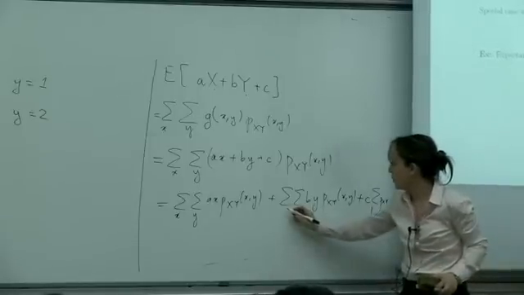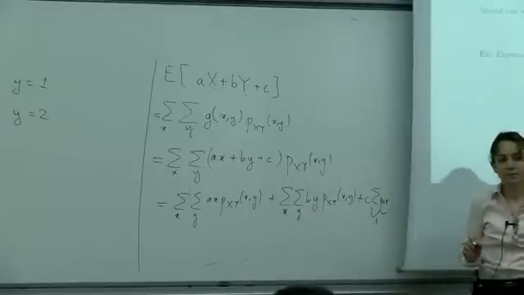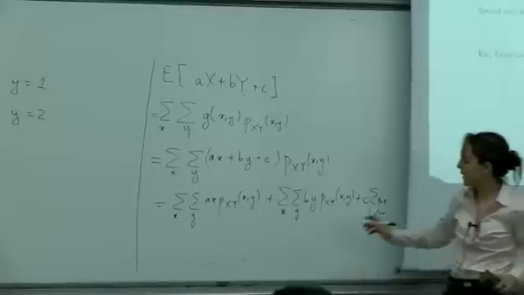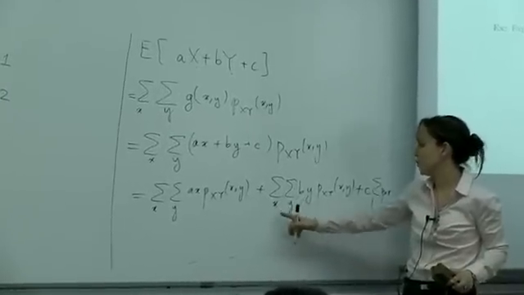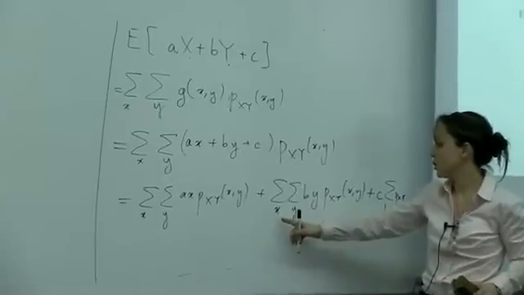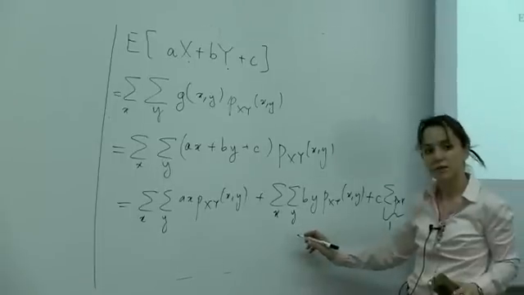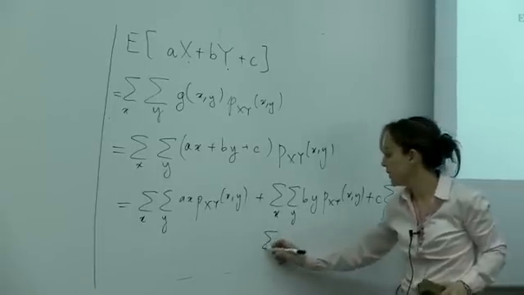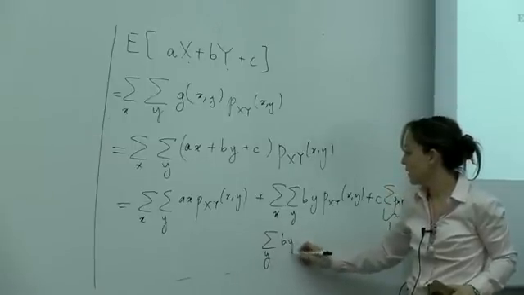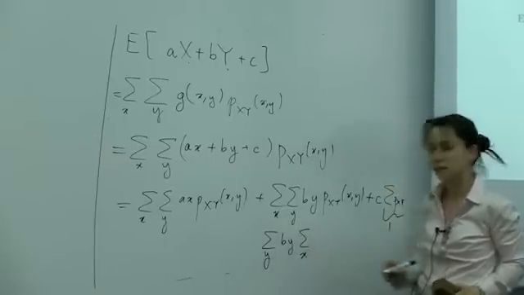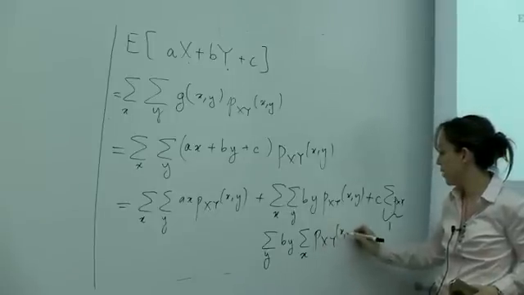Now, what do we do about this term? Well, first of all, if you want, exchange the order of the summation over x and y. We can write this as summation over y, by, summation over x, p_XY(x,y).